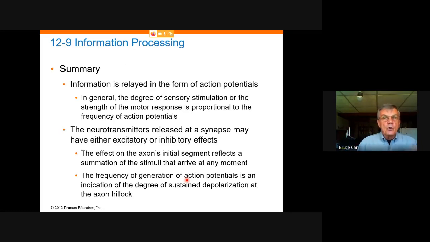So in summary, we're going to use this fast signaling system to transmit electrical signals. It's going to depend on the strength of the stimulus and the graded potentials adding up to action potentials. Whether those action potentials add up in a spatial or temporal way to propagate across the synapse and into the postsynaptic circuit is really the determining factor of whether the nerve impulse goes on or stops.